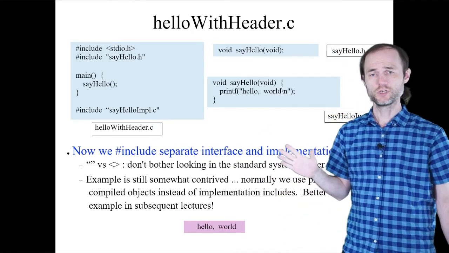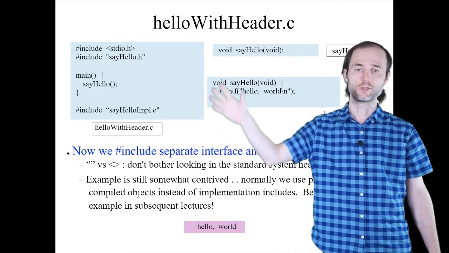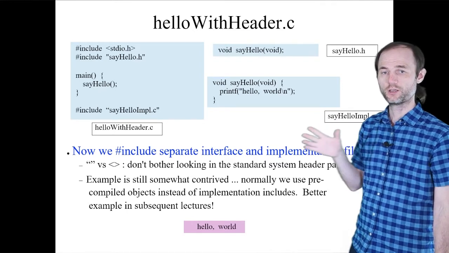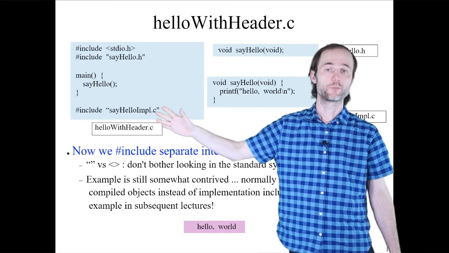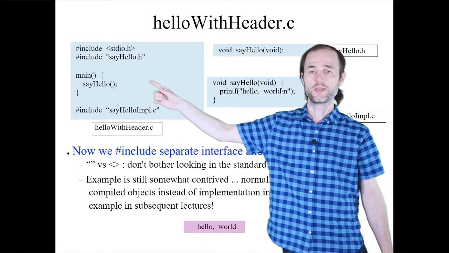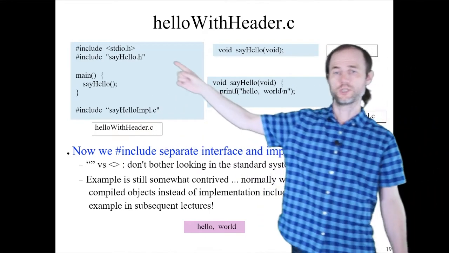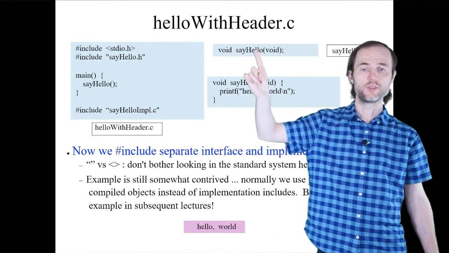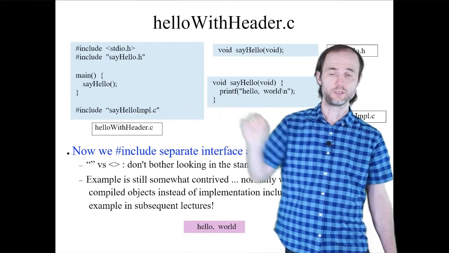So what is really happening is that this include keyword will take the contents of say hello impl.c file and put them right here at the time of pre-processing of the C file. And then the function main will be able to call say hello, because the preprocessor will have included the declaration of the prototype of this function at the beginning of this file.